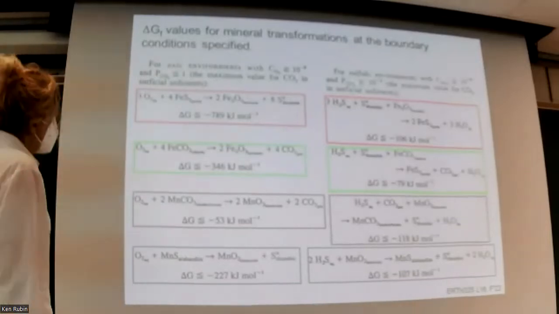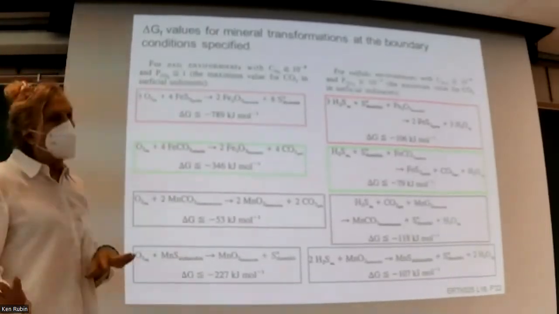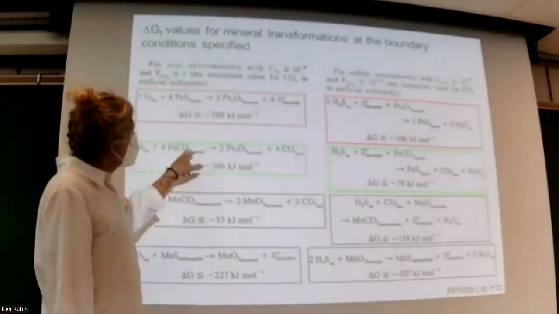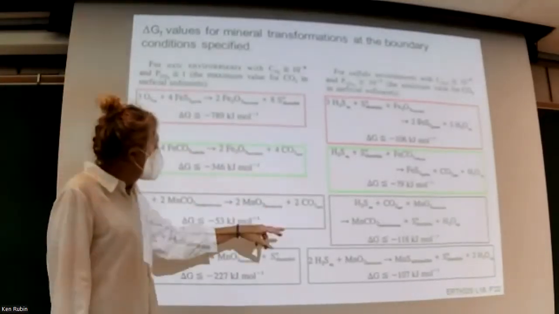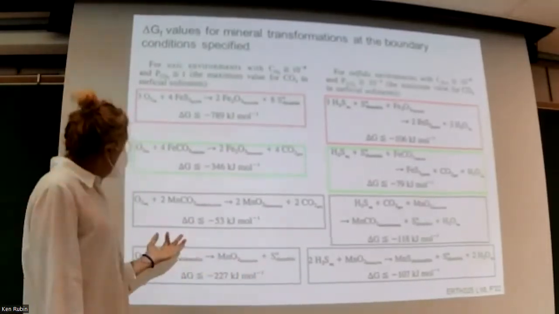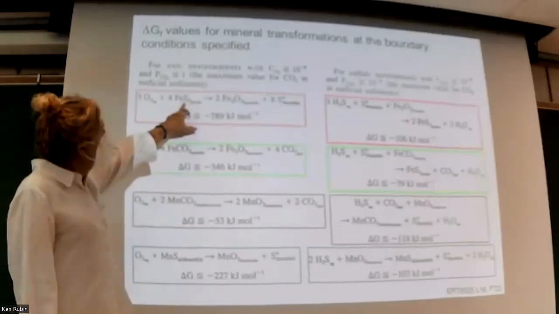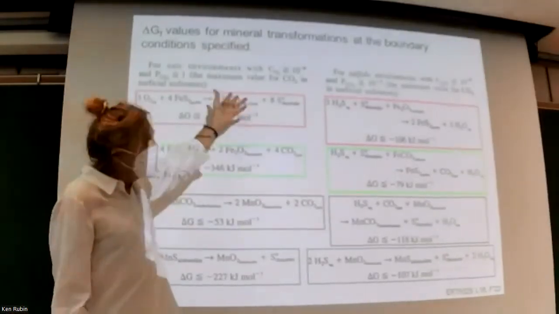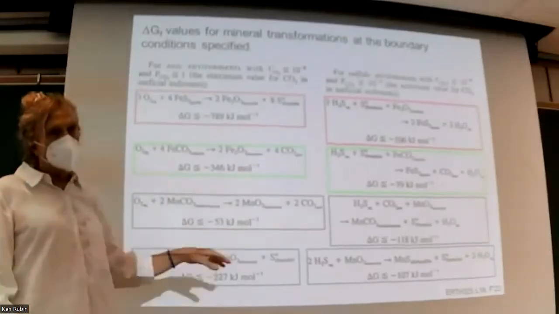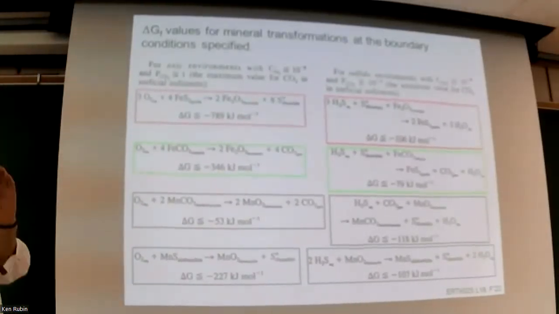Now these are just some delta G's of reaction for the formation of some of those key minerals: pyrite, hematite, siderite, rhodochrosite, alabandite, and so on. And these are reactions transitioning between sulfide-rich and sulfide-poor form, or carbonate-rich and carbonate-poor form. So we have both.